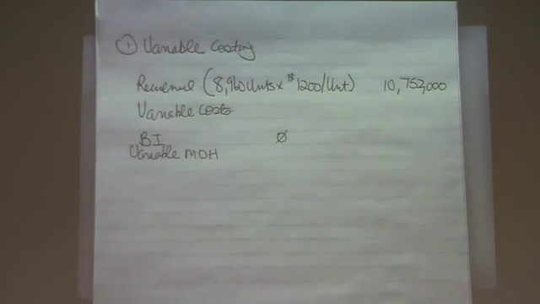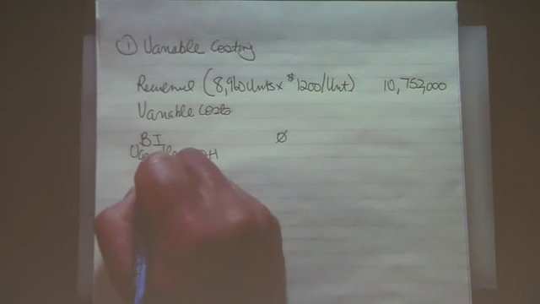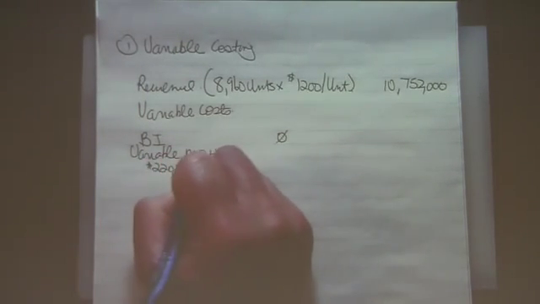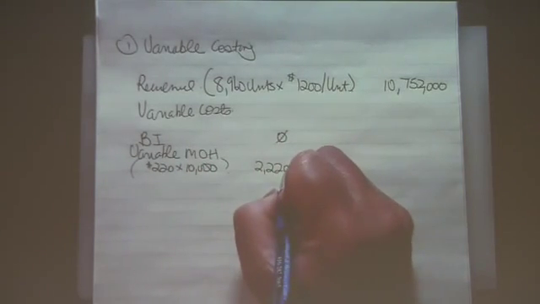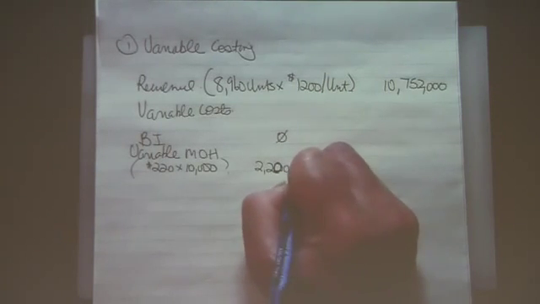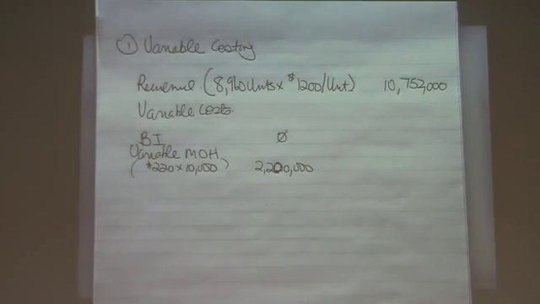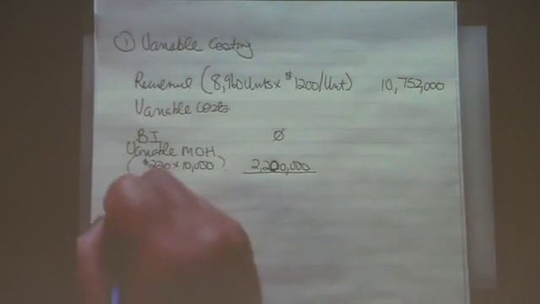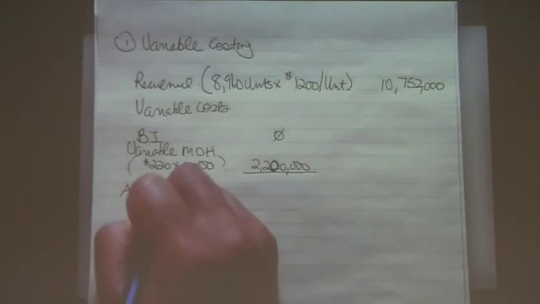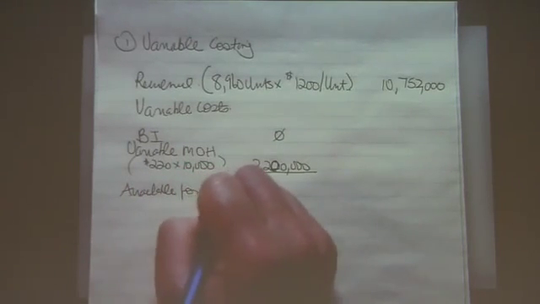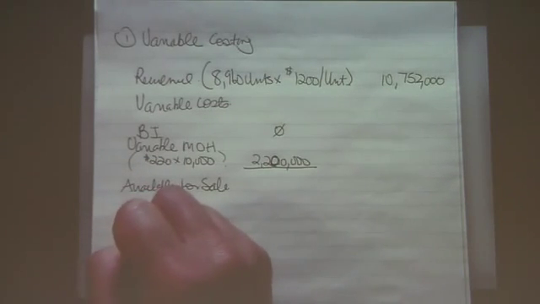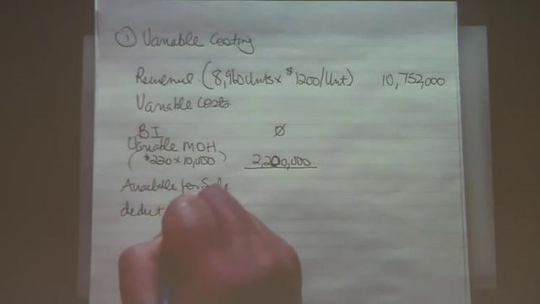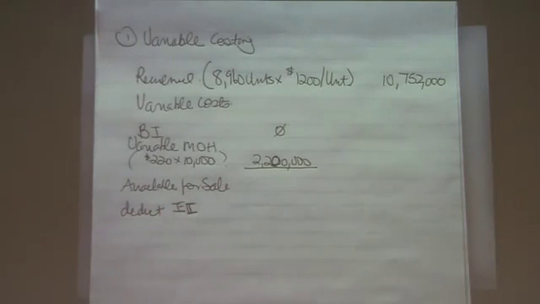Now, the number of units produced was 10,000 units. That gives me 2,200,000. And this gives us goods available for sale. We're going to deduct ending inventory. How many units are in ending inventory?